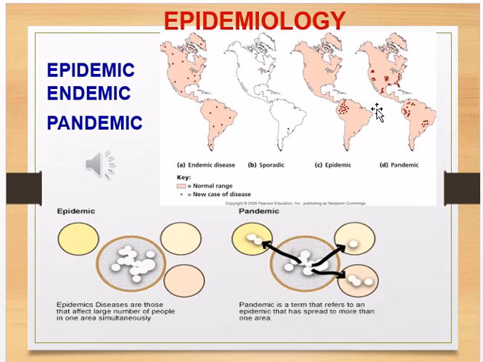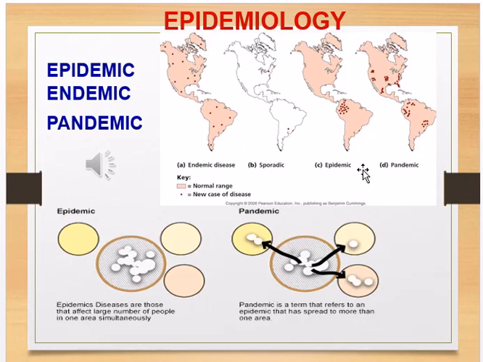If you look at this in South America, in Brazil, it is so intensely packed here. When the disease spreads within a particular community among a large number of the population, it is called epidemic.